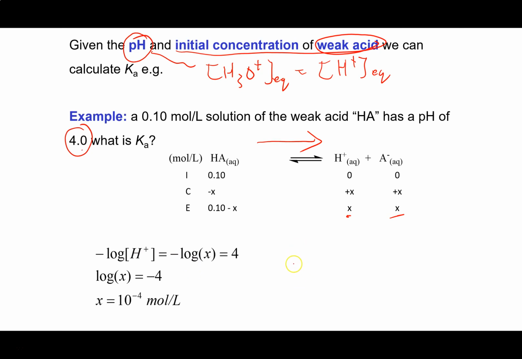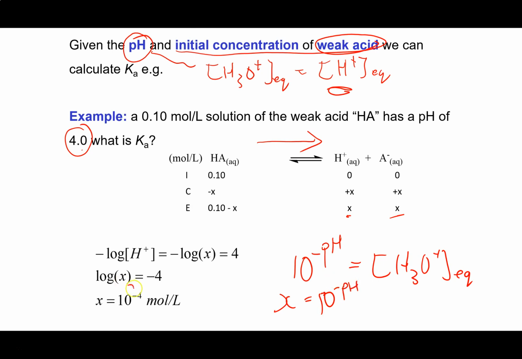So what I know is that 10 to the negative pH will give me my equilibrium hydronium ion concentration, or my equilibrium H plus concentration. So I can solve for X, right? X is just going to be 10 to the negative of my pH, or 10 to the minus 4.